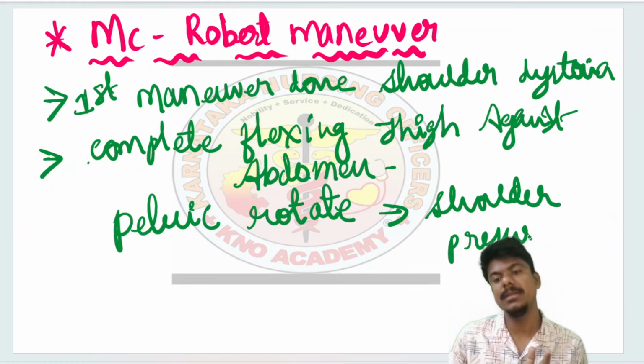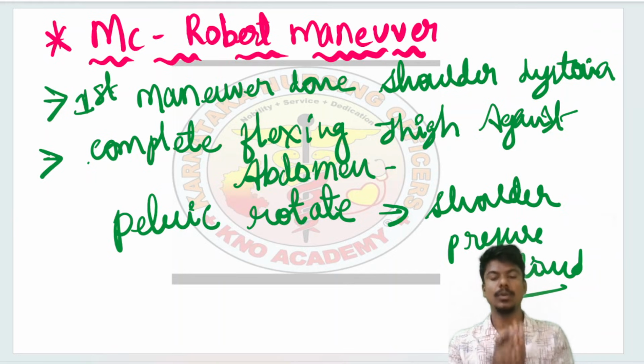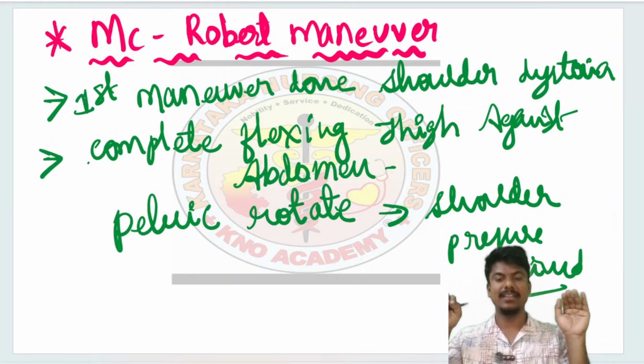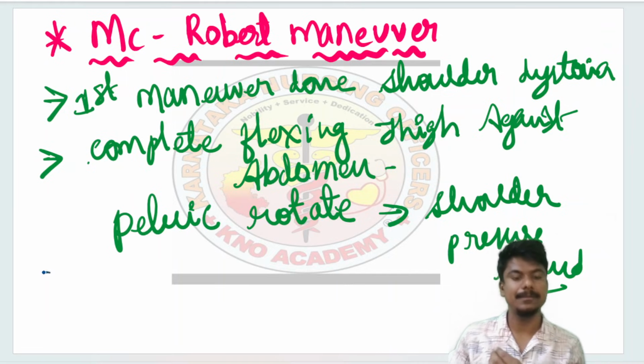That's why we do the McRoberts maneuver: to rotate the pelvis. After the flexion, the pelvis rotates, the pelvic inlet becomes larger, and the shoulder pressure gets relieved.